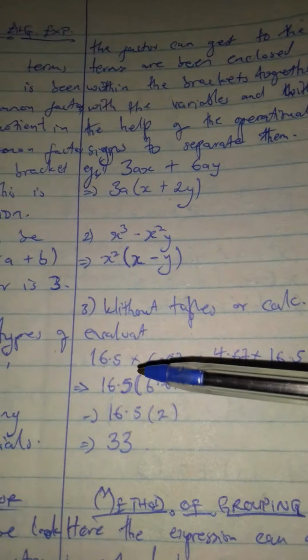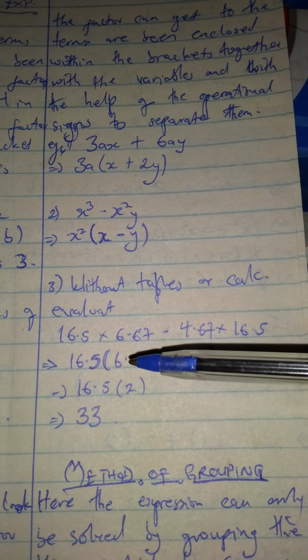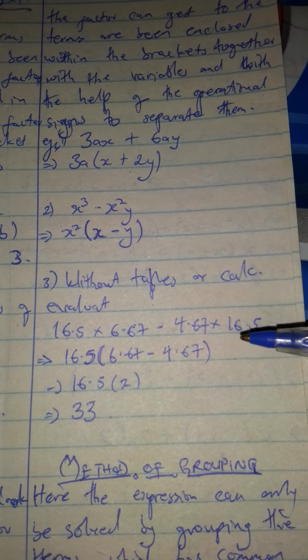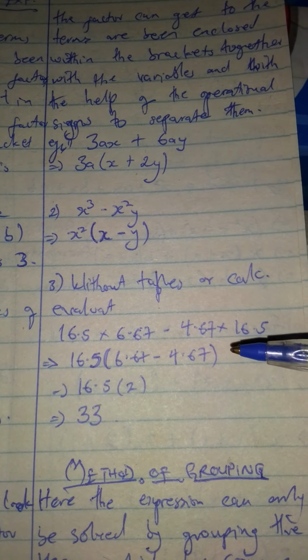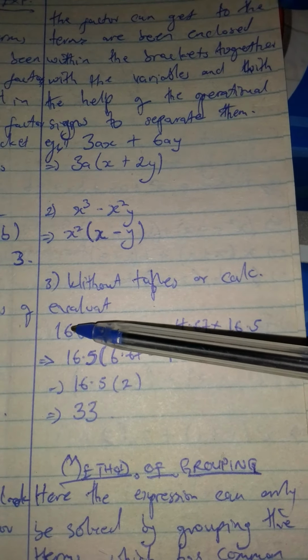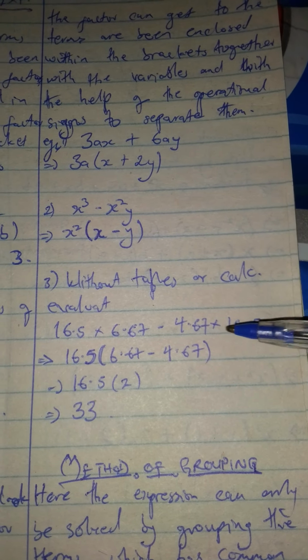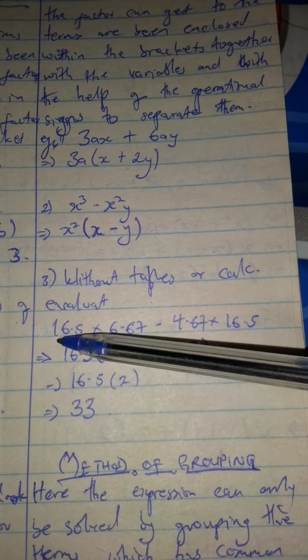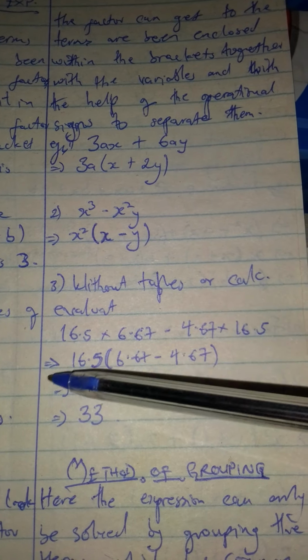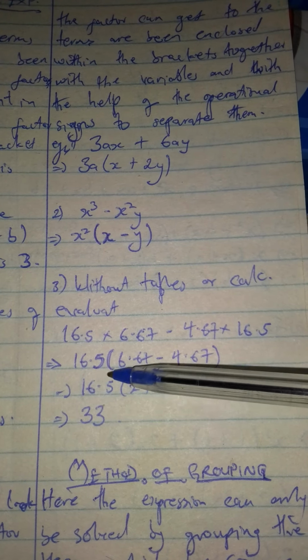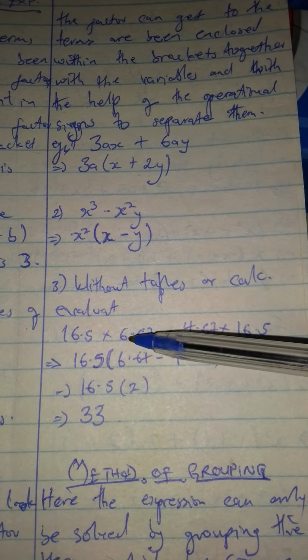So without table or calculator, evaluate this: 16.5 times 6.67 minus 4.67 times 16.5. Here we know the common factor is 16.5. We have 16.5 here and 16.5 here. This 16.5 is multiplying this, and this 16.5 is also multiplying this. So the common factor we look out for is 16.5, right? Then what is left?